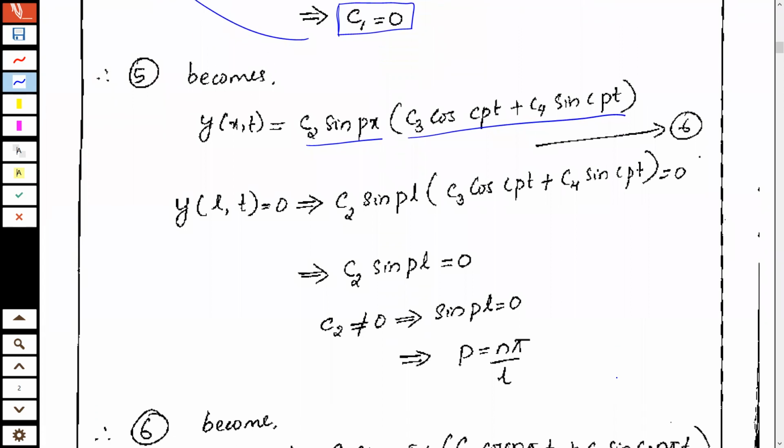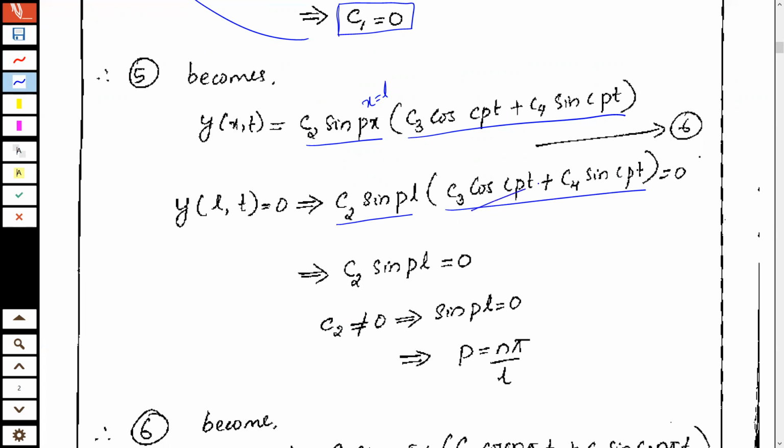Now we apply the second boundary condition, that is y(L,t) = 0. Let us substitute x = L in this expression. We get c2 sin pL (c3 cos cpt + c4 sin cpt) = 0.